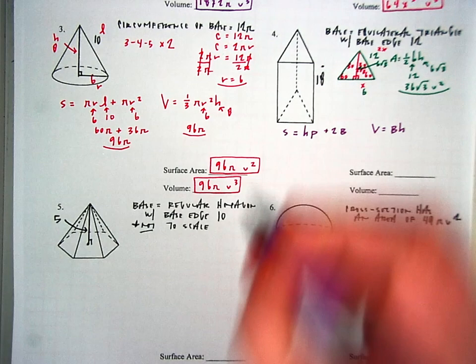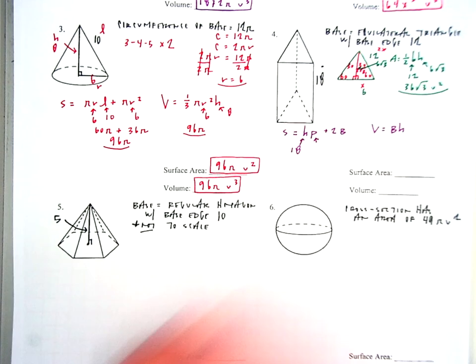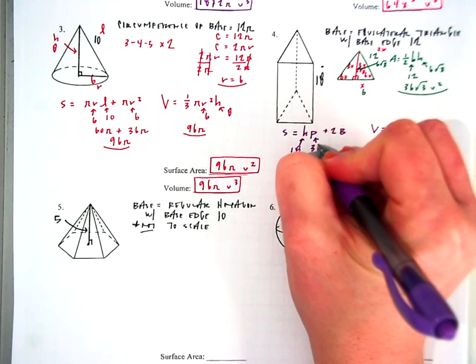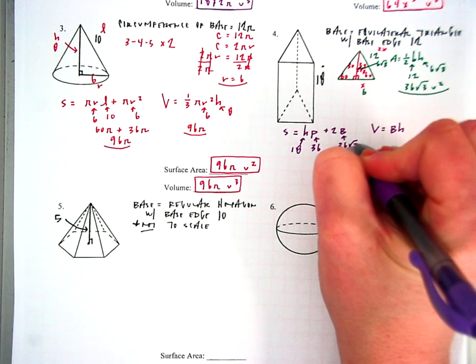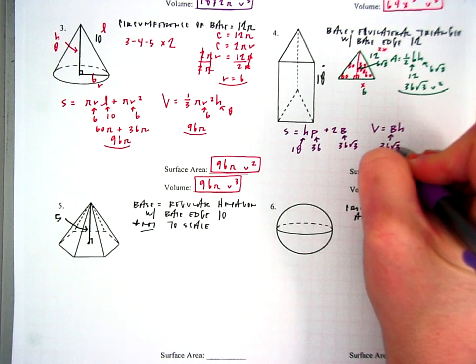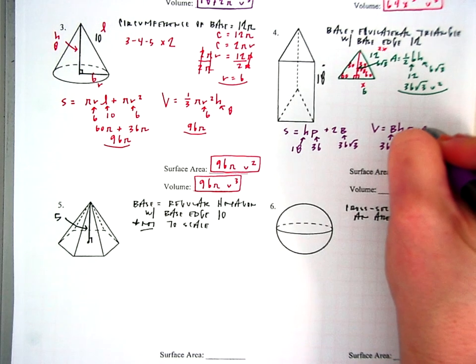So for this one, the height of the prism is 18. The perimeter of its base, well, I have 12 times 3, so 36. Perimeter is 36. My base area is 36 root 3. Okay, so over here, I'm just going to plug it in, but crunch it in a second. So base area is 36 root 3, and the height is 18.